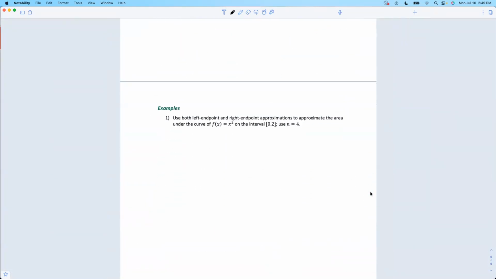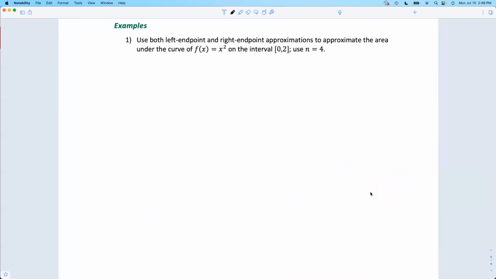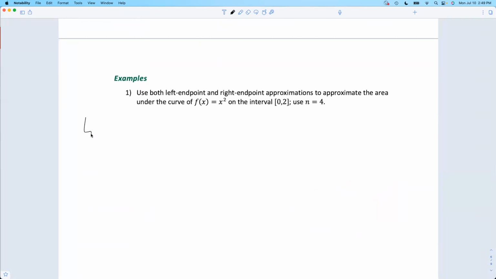Okay, let's do an actual example here. And we're going to do this both ways. So we're going to do left hand and right hand. And you'll see we'll get two different answers. So I've got y equals x squared. And I'm going from 0 to 2 using 4 rectangles.